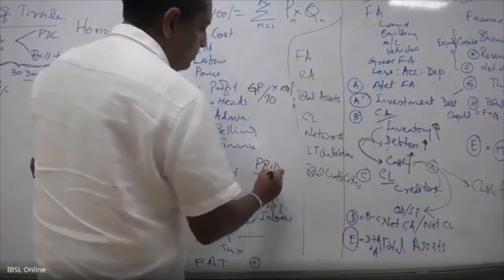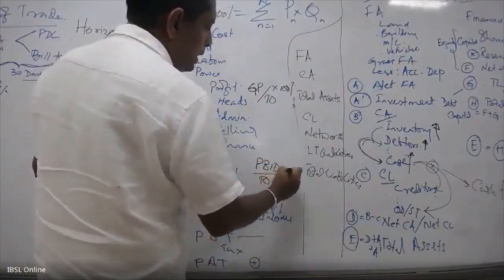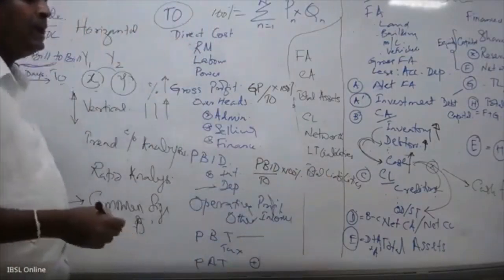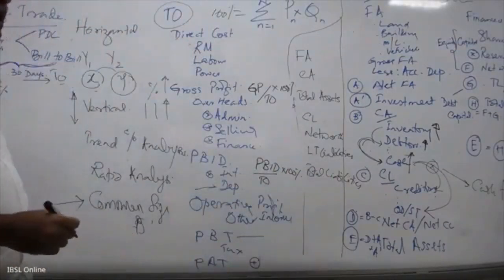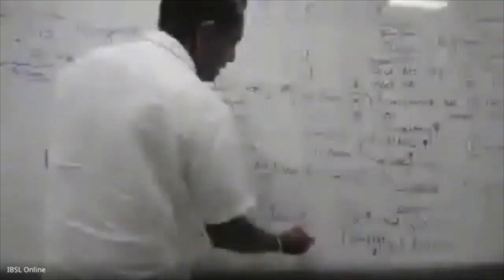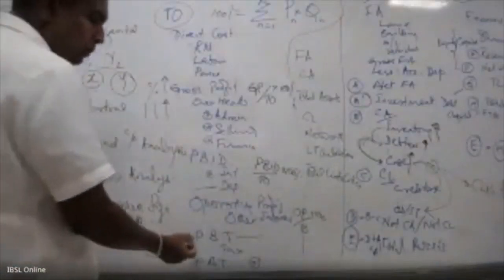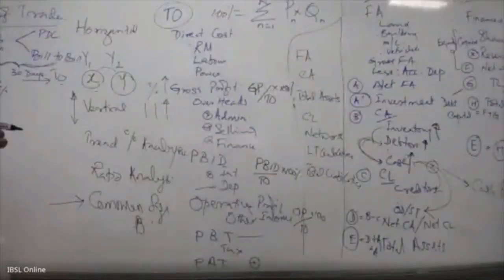PBID divided by turnover into 100, PBID margin. OP divided by turnover into 100, operating profit margin. Net profit divided by turnover into 100, net profit margin. PBT margin is PBT divided by turnover. So all these are profitability ratios, how profitable the company is, right?